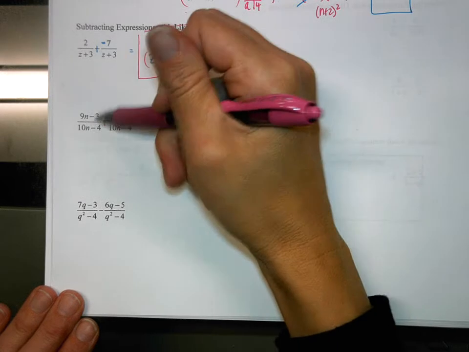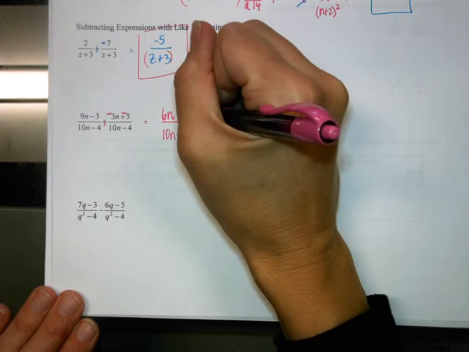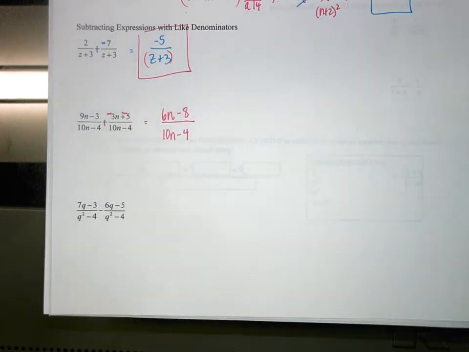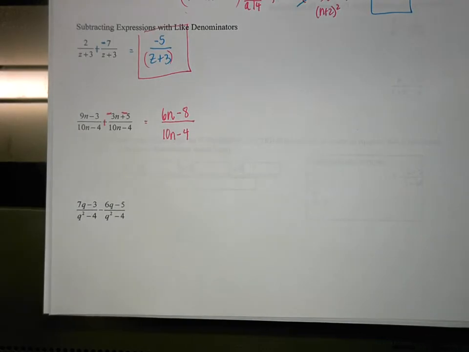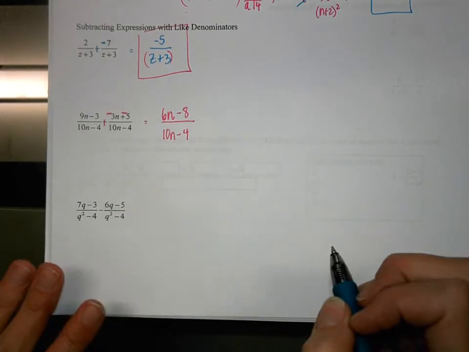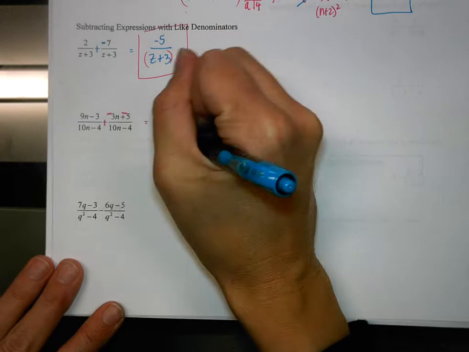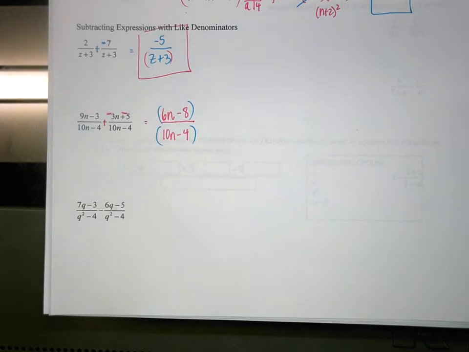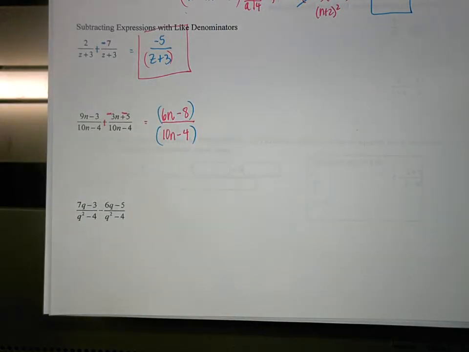And negative 3 and negative 5 make? Very good. At this point right now, could anything reduce? No is the correct answer because these are all connected together like glue. They're stuck. And unless they're exactly the same, we cannot reduce them.